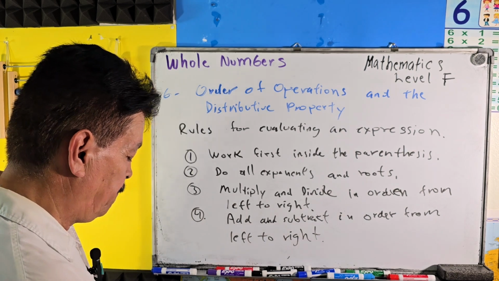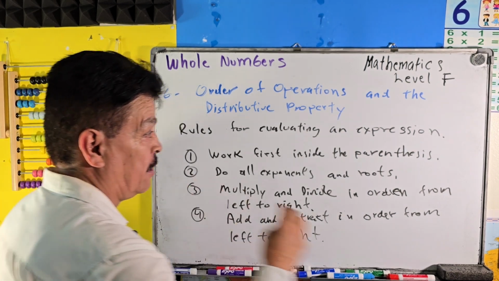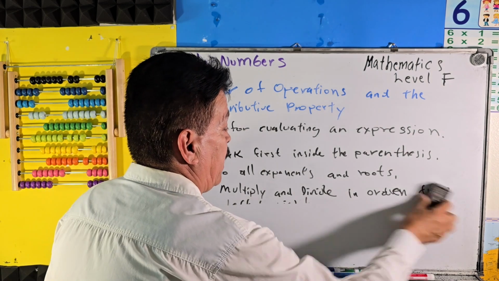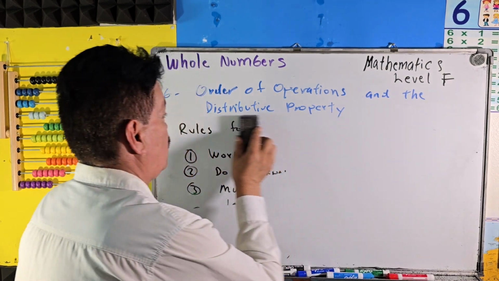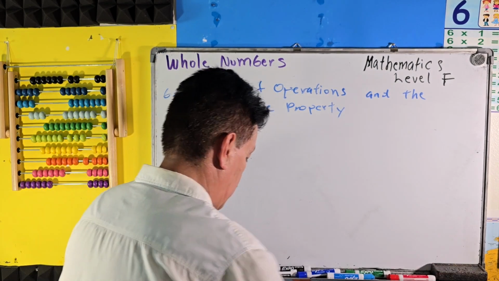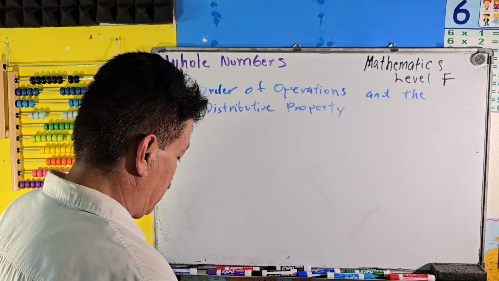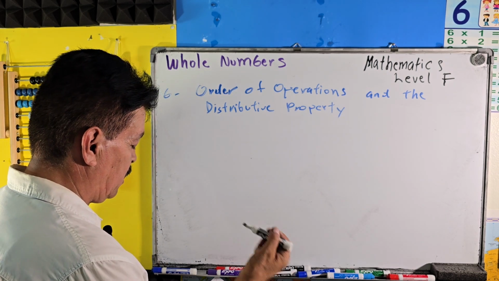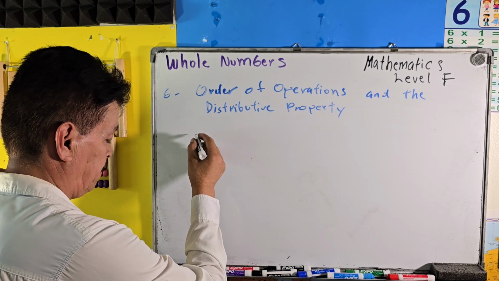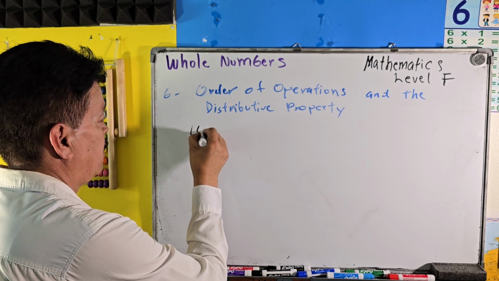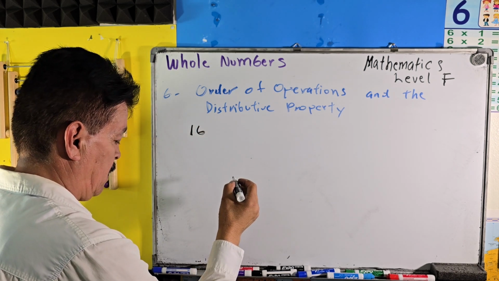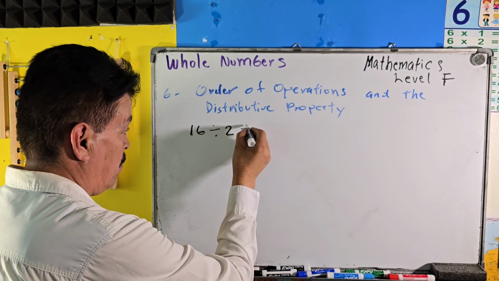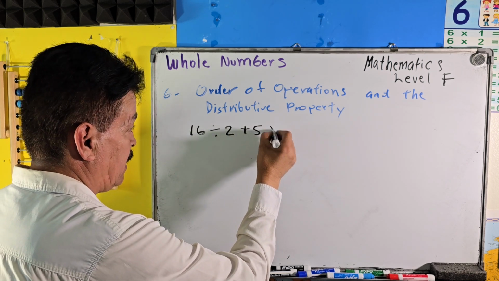All right, now you know the rules. Okay, I want you to rest the rules. Let me go to the exercise and apply these rules. Okay, first one, we have this expression: 16 divided by 2 plus 5 times 4.